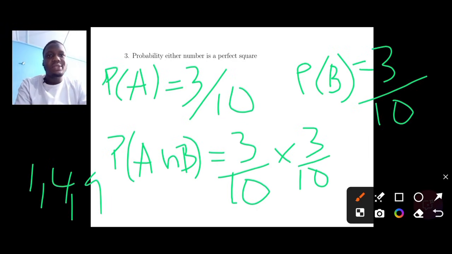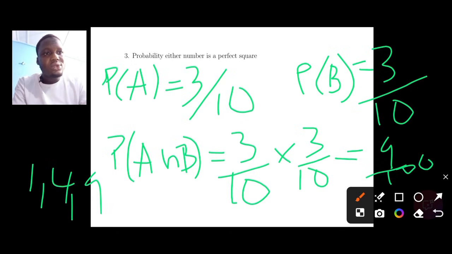This is how the intersection looks. Okay, good. So take note of these probabilities. This gives us 9/100. So we are working with P(A) and P(B) in the intersection.